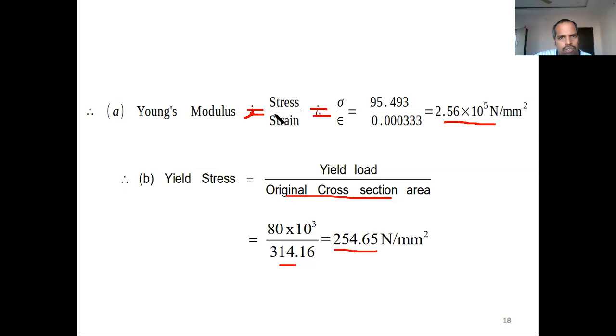If you see, for the same material, the stress at 30 kilonewtons is 95, and at the yield point it is 254. It is increasing because the load goes on increasing. This will be before the yield point, before the elastic limit.